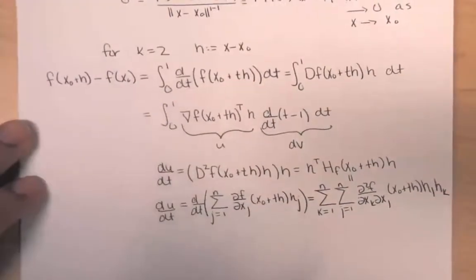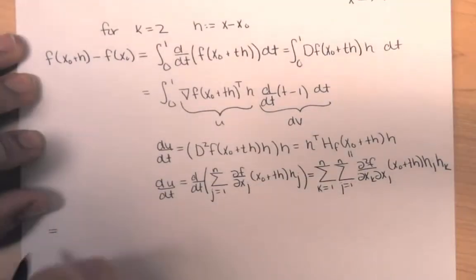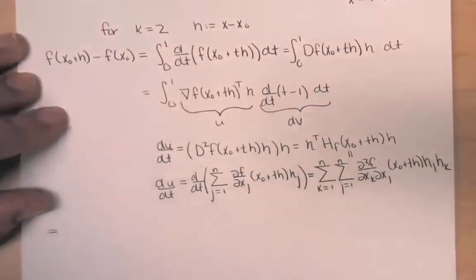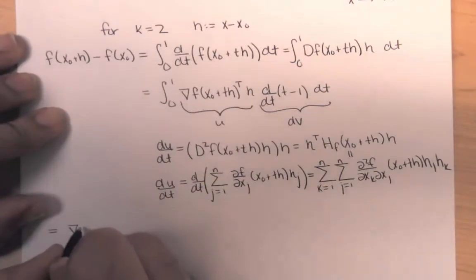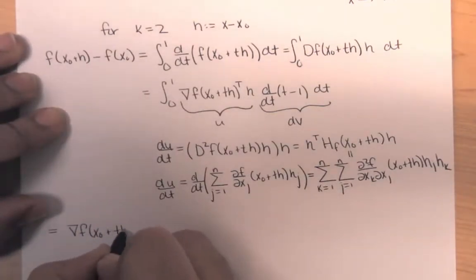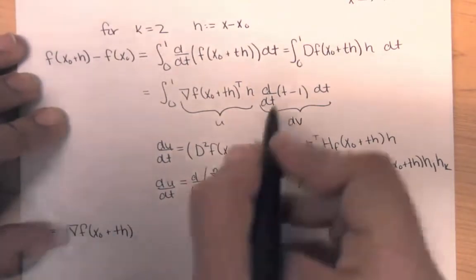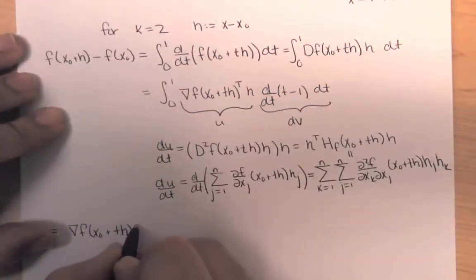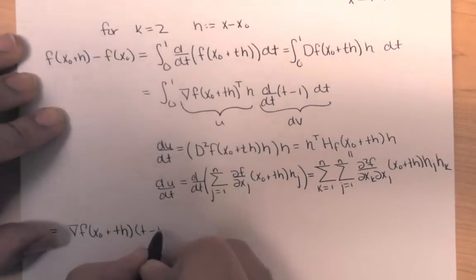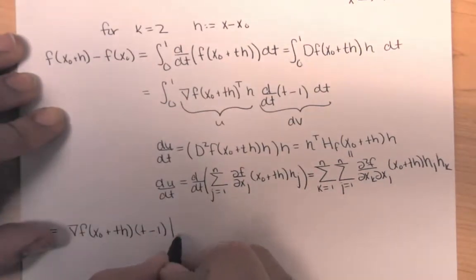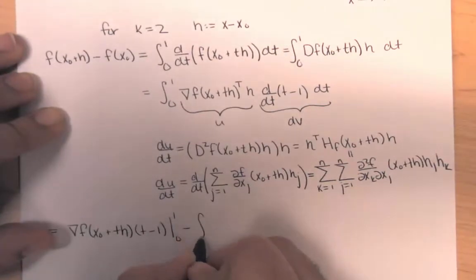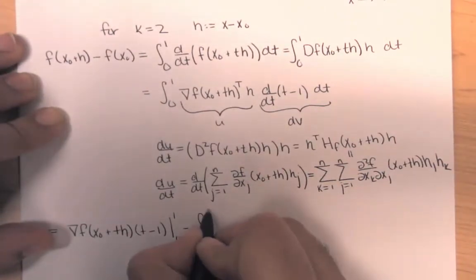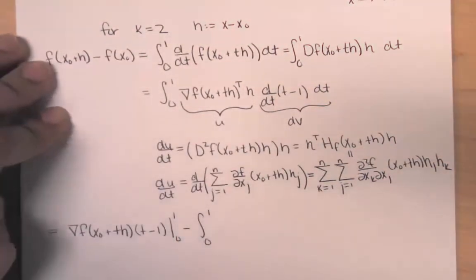So let's continue with computing this difference. By using integration by parts, I get u times v evaluated from 0 to 1 minus the integral from 0 to 1 of v du.